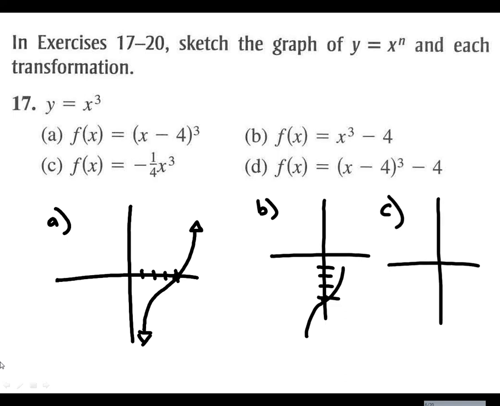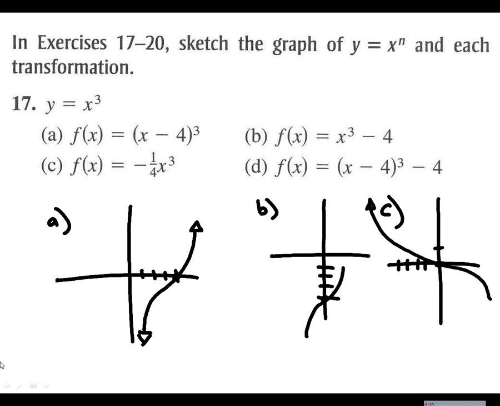For C, we are negative 1/4, so we are flipped over. And instead of going up 1 over 1, we're going to go up 1 over 4. So we're going to come in really a lot flatter than we normally would.